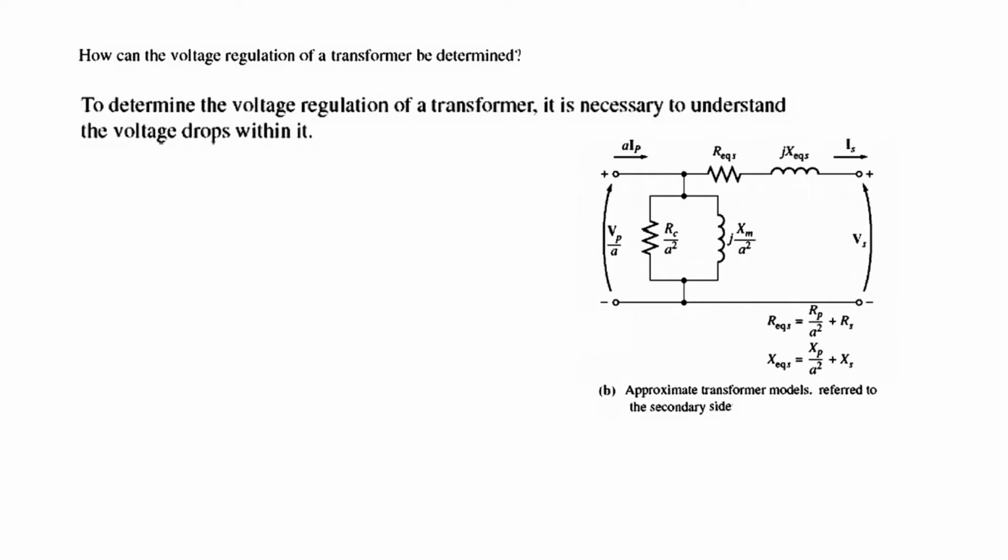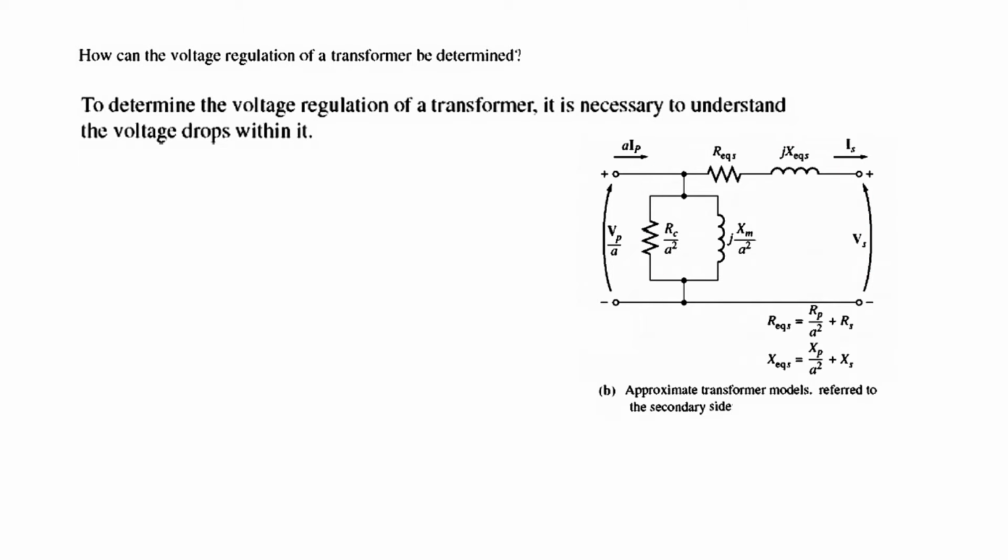Now, this is the equivalent circuit referred to the secondary side, and you can see these are the excitation parameters, Rc, which we had seen in the previous slide. It will now become Rc divided by A squared, because now we are referring the circuit to the secondary side.